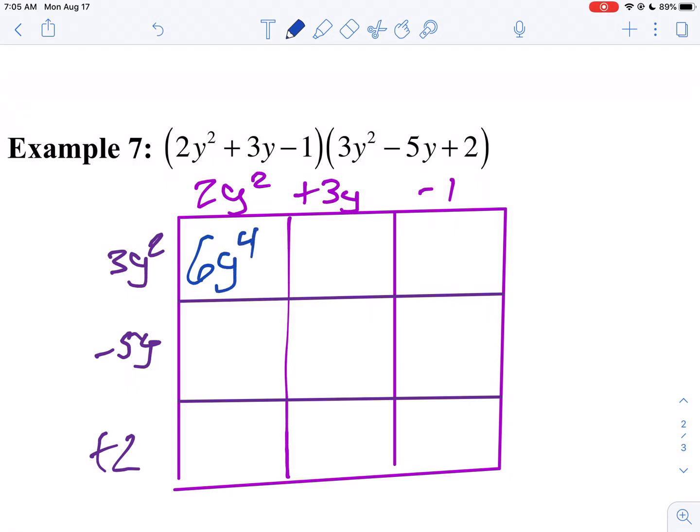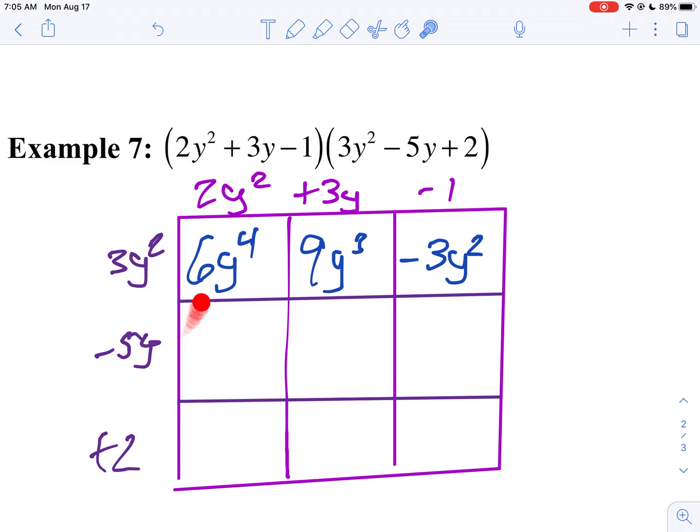Then I'll take 3y squared times 3y. Well, 3 times 3 is 9, y cubed. My y kind of looks like a g there, doesn't it? But it's a y. And then if I take 3y squared times negative 1, well, that's just negative 3y squared. Now I'll go to row 2. I'll start over again.